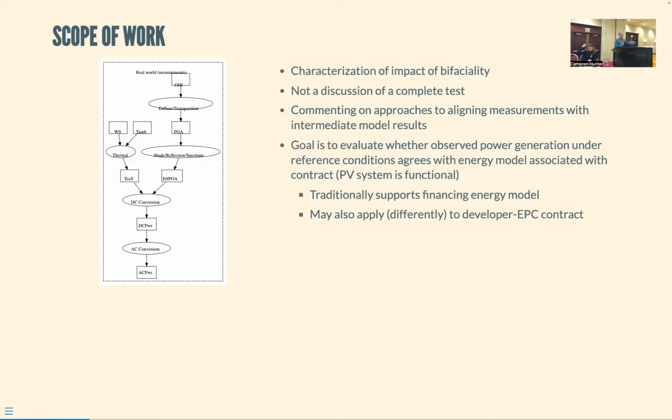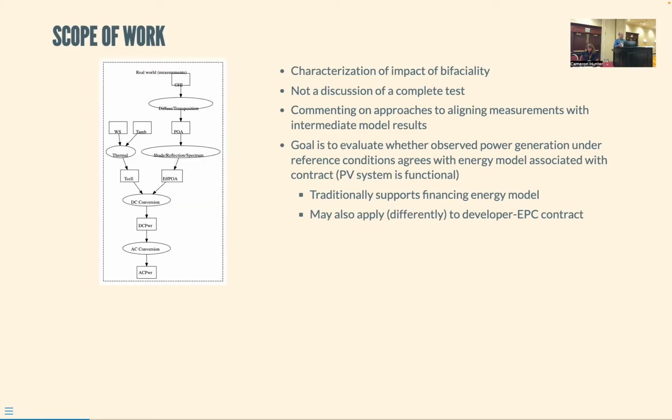The scope of the work here is that I'm just today trying to talk about the impact of bifaciality. What does it change about capacity testing? And how do these measurements align with intermediate results?